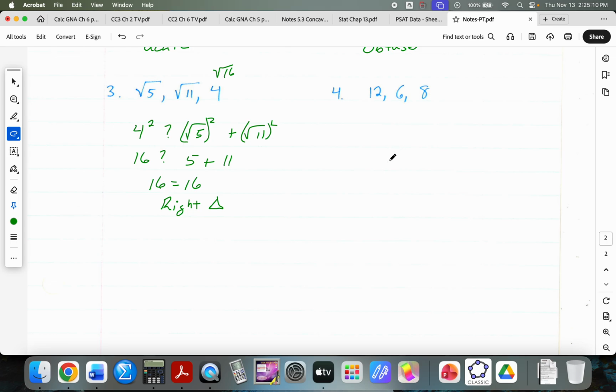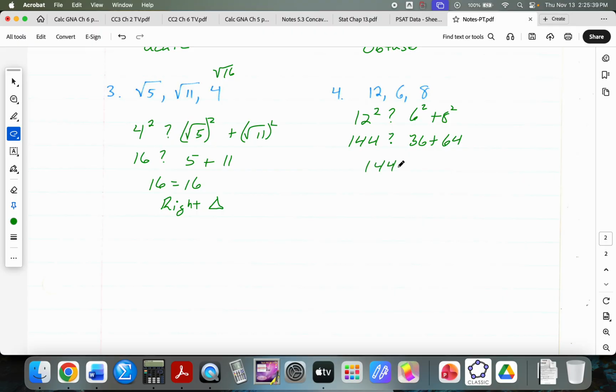All right, let's take a look at this one. What side should we start with? 12. 12 squared compared to 6 squared plus 8 squared. 12 squared is? 144. 6 squared is? 36. 8 squared is? 64.